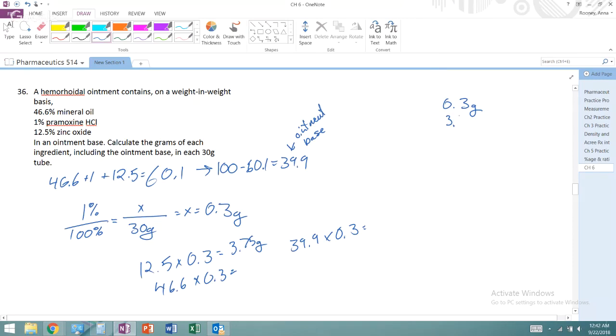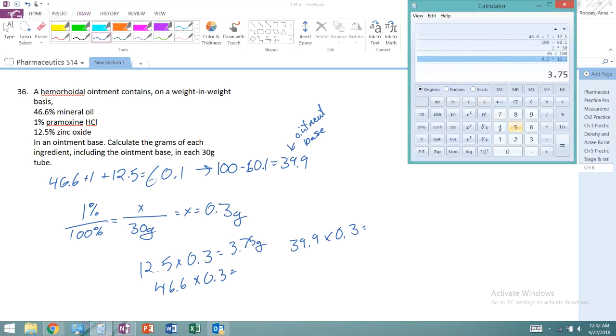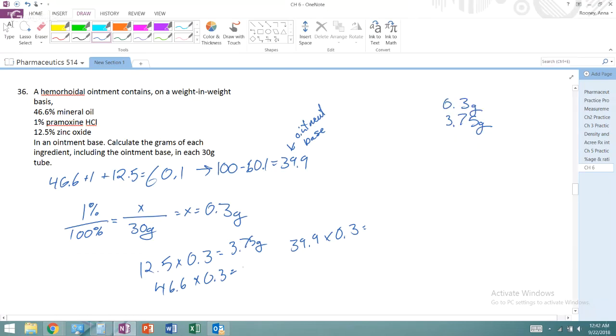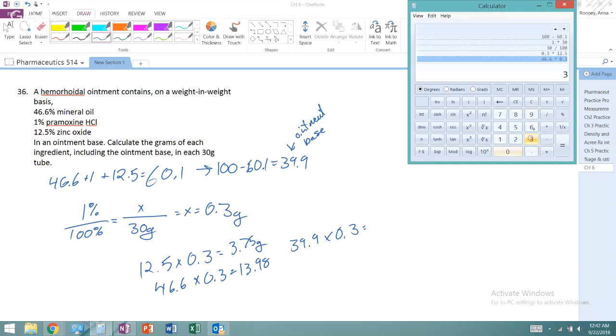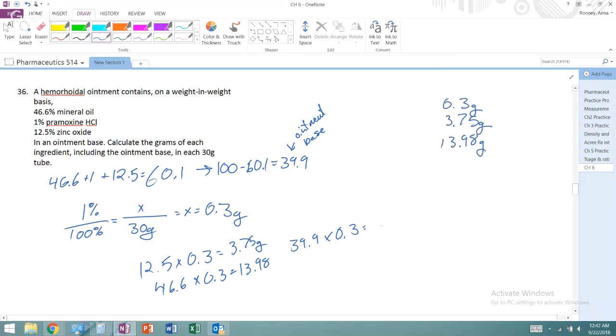And 46.6 times 0.3 is 13.98. And then 39.9 times 0.3 is 11.97.